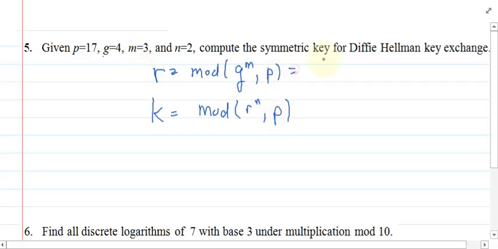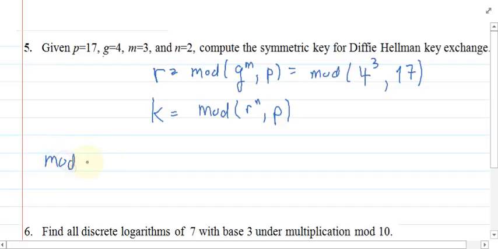In this case, my g is 4, my m is 3, and my p is 17. Okay, so to compute that, I'll compute it down here.